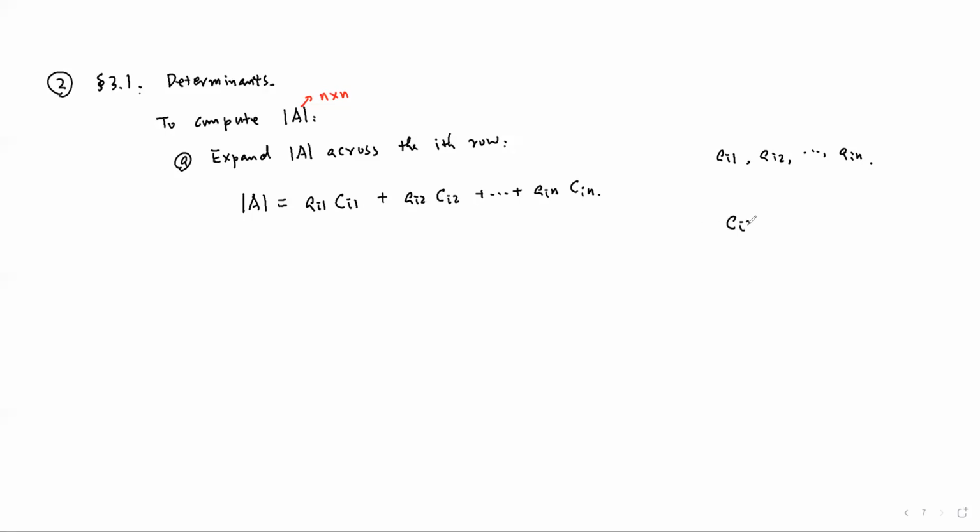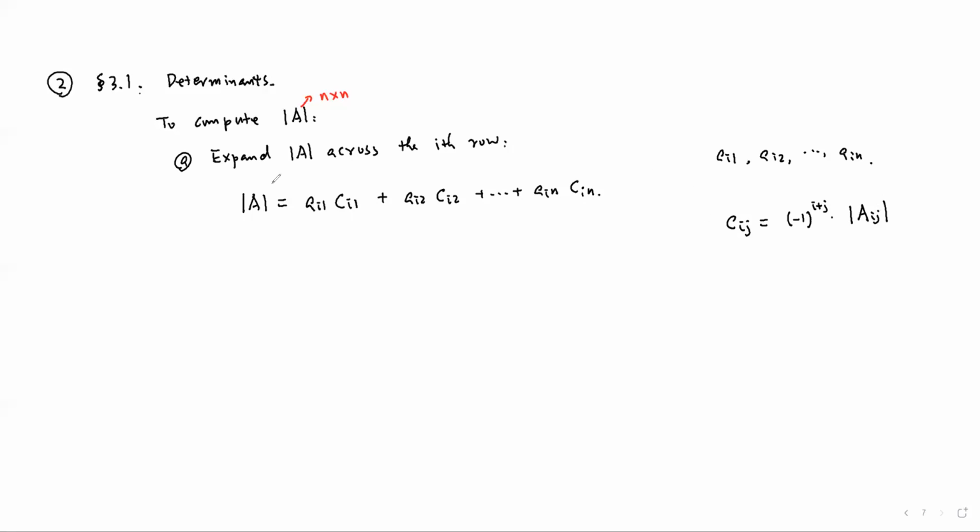The formula for the IJ cofactor is (-1) to the power I plus J, times the determinant of capital A_IJ. Capital A_IJ is the matrix obtained by deleting the ith row and the jth column of matrix A.